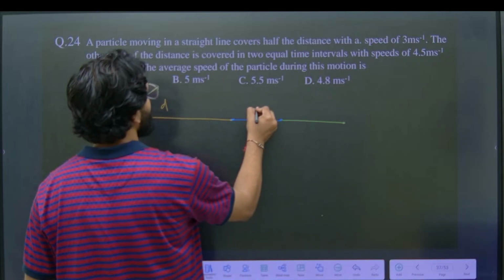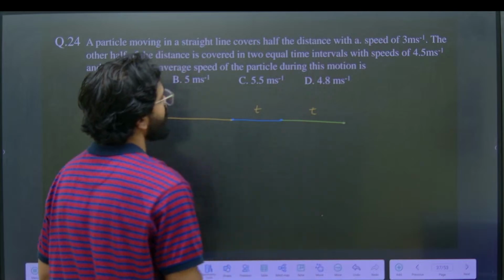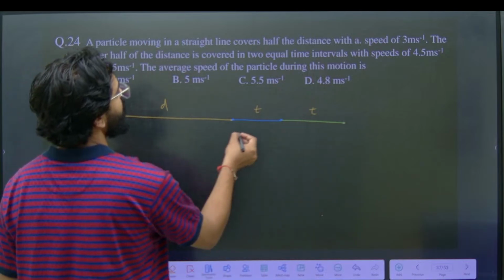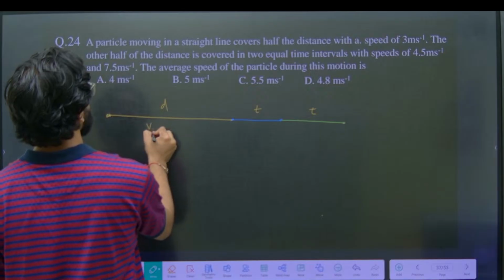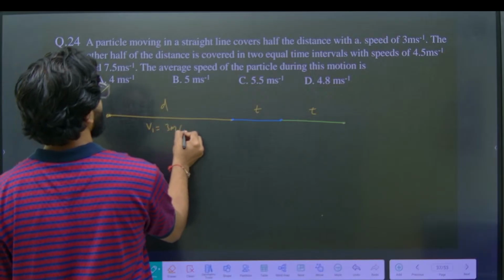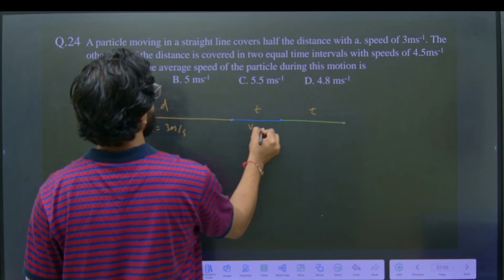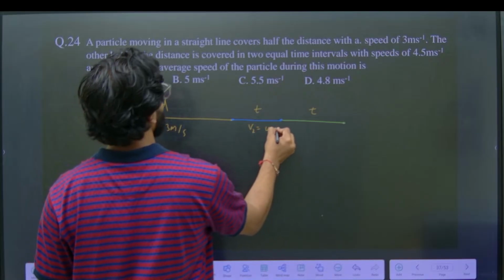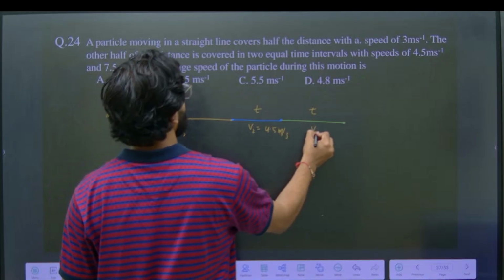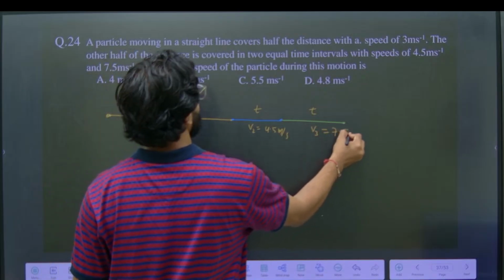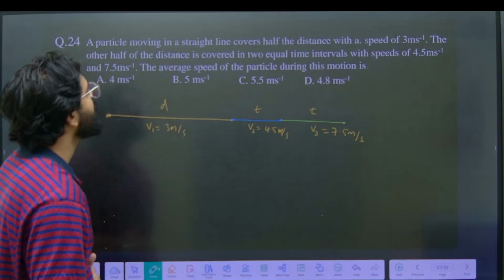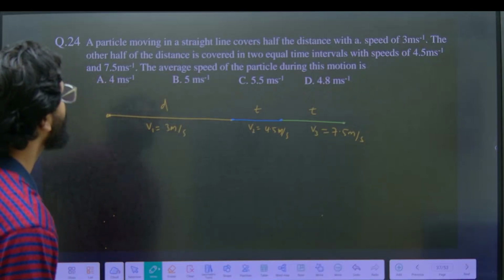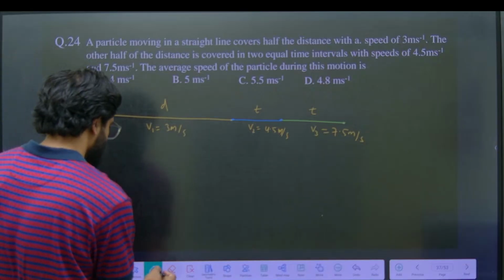So over here, t is same, t and t. The velocity in the first part is 3 meter per second, over here it is 4.5, and over here it is 7.5 meter per second. They are asking for the average speed of the particle during the motion. No issues.